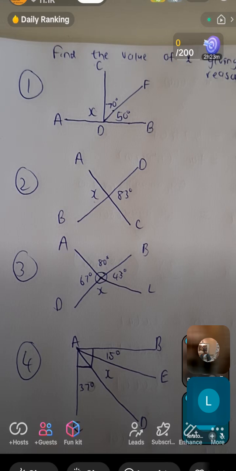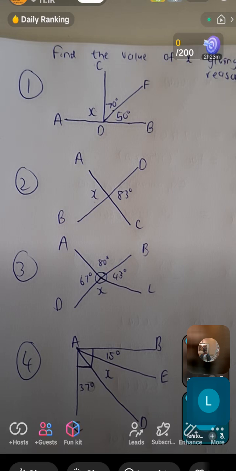Okay, so number one, I wrote x plus 70 plus 50 equals 180. All right, awesome. What's the reason? My reason is angles on a straight line. Sure, epic.